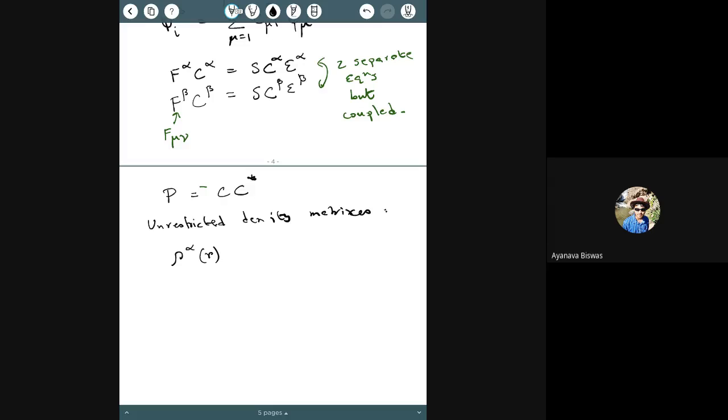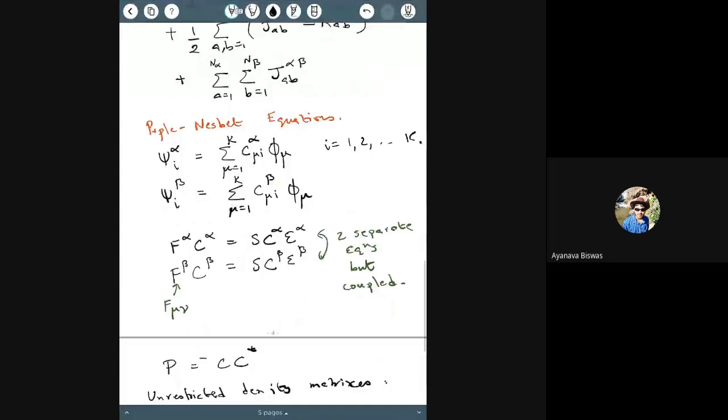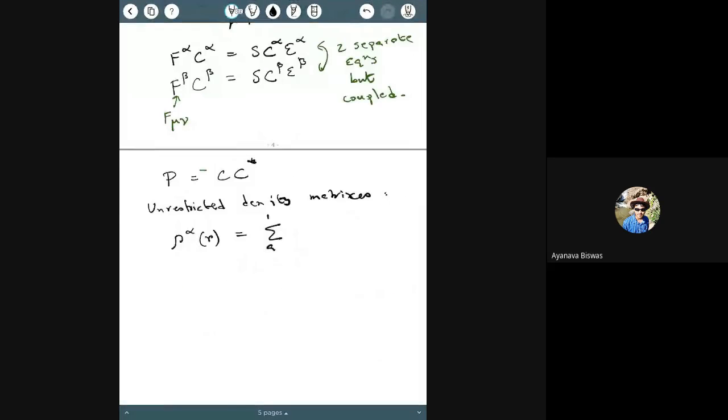The density function of the alpha electrons is simply the sum over all the alpha spatial orbitals of the modulus squared of psi a alpha of r.